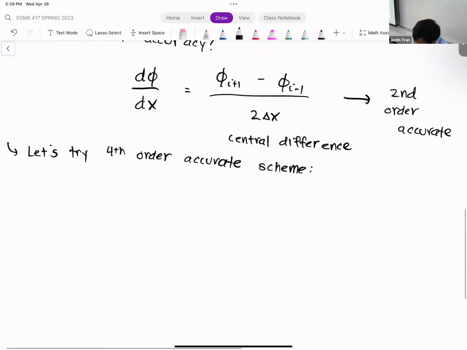And so the fourth order accurate scheme looks like the following. Just like before, we have our first order derivative. I'm using the term order to refer to several different things, but this is our convection derivative here. And if we were to increase the order of accuracy, it would look something like this.